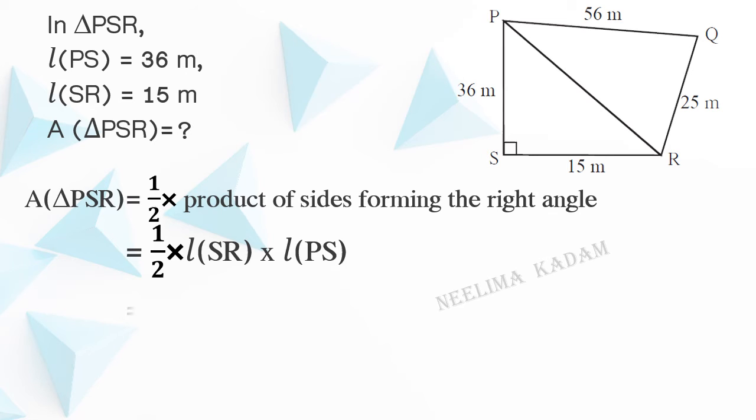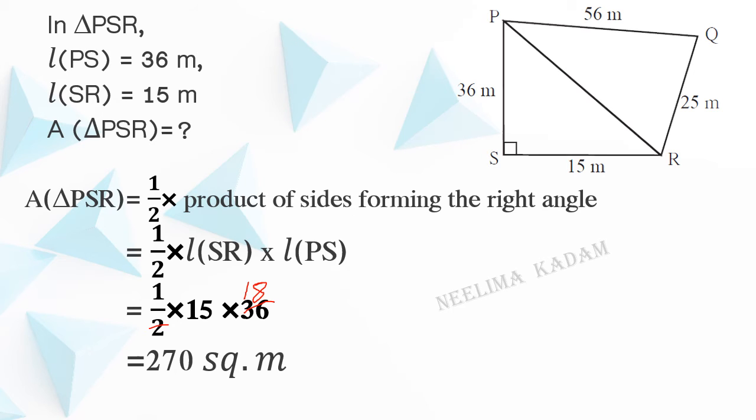Putting the values, it is equal to half into 15 into 36. Dividing by 2, 2 1s are 2, 2 1s are 2, 2 8s are 16. Will be equal to 15 into 18. 15 8s are 120, carry 12, 15 ones are 15 plus 12, that is 27.